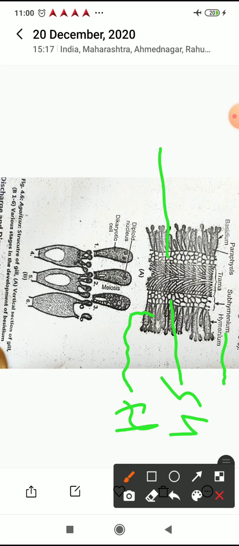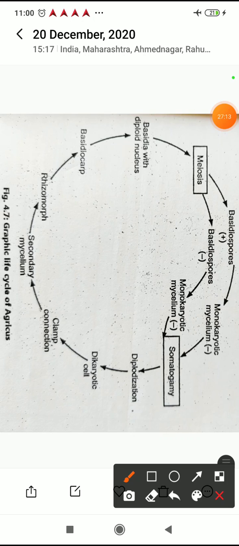And these basidia bear basidiospores. So see here, you can see basidiospores. Now, see here, positive strain basidiospores and negative strain basidiospores.